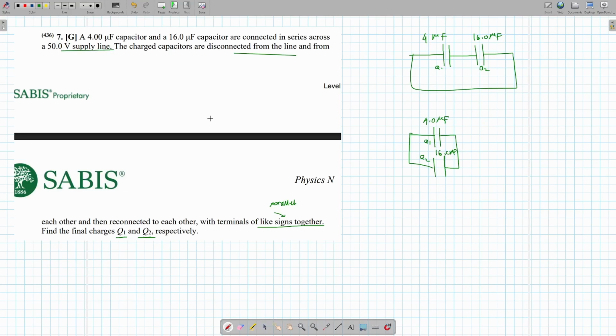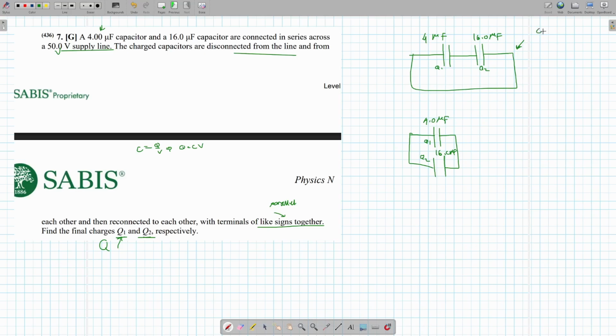They gave us the voltage. We want to find charge. So we have capacitance, voltage, and we want Q. We know that C is equal to Q over V, so therefore Q is equal to CV. So over here, if we take a look at the total capacitance and the total charge, what's it going to be equal to?